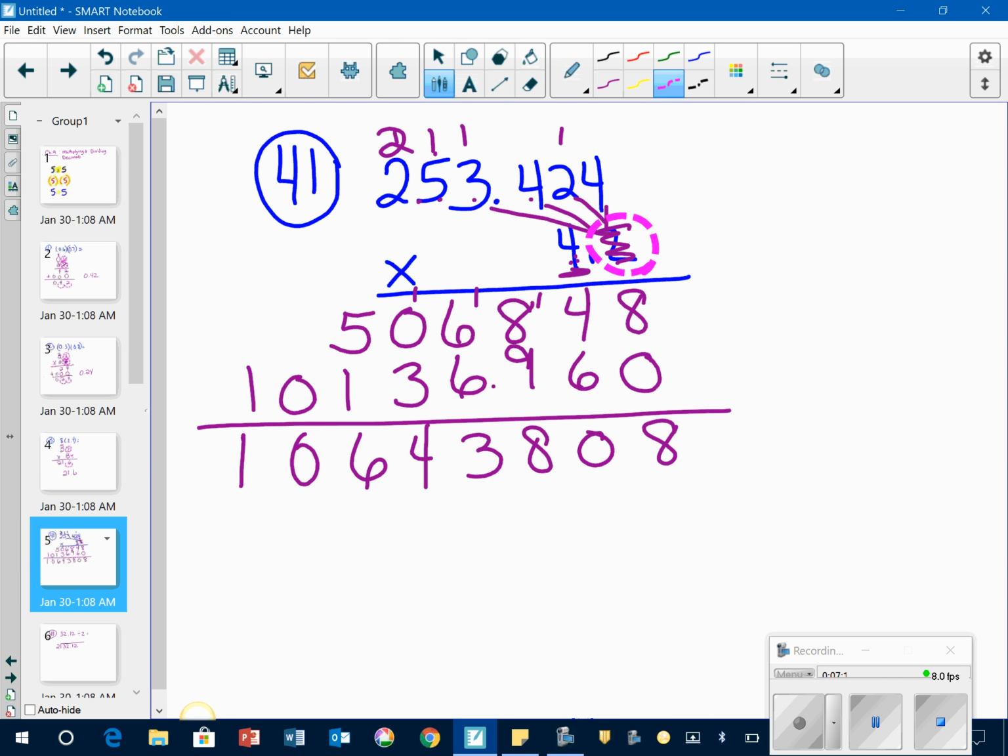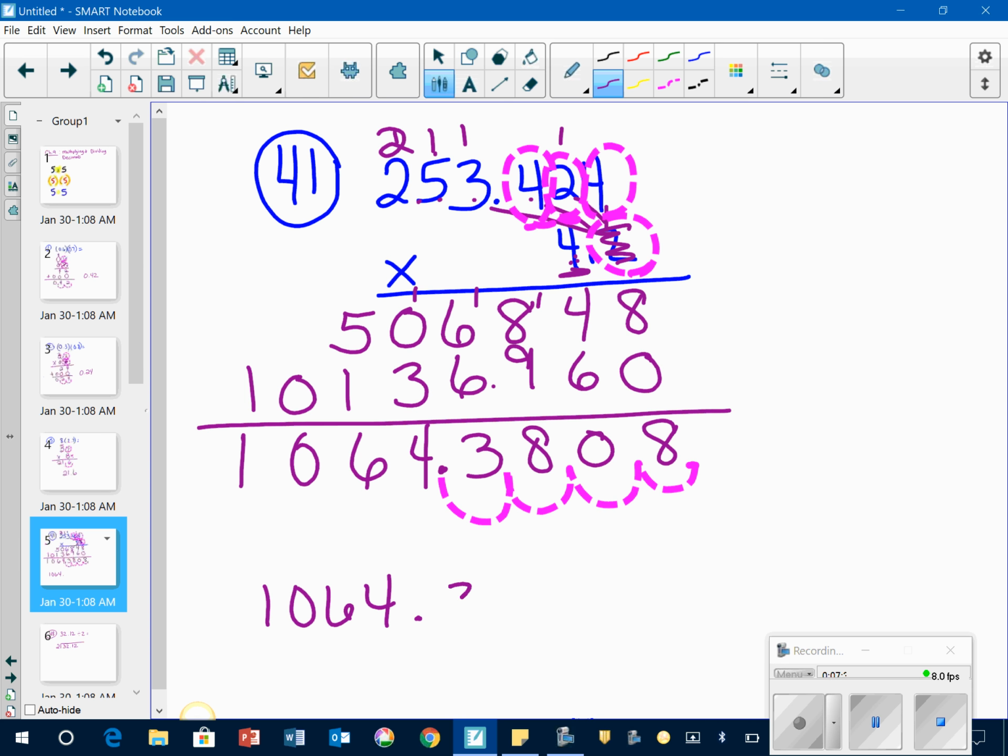Down at the bottom, you had 1 here. At the top, you had 1, 2, 3. So we have 4 decimal places, and we need to move ours 4. So we start over here and you go 1, 2, 3, 4. So then your number is 1,064.3808.